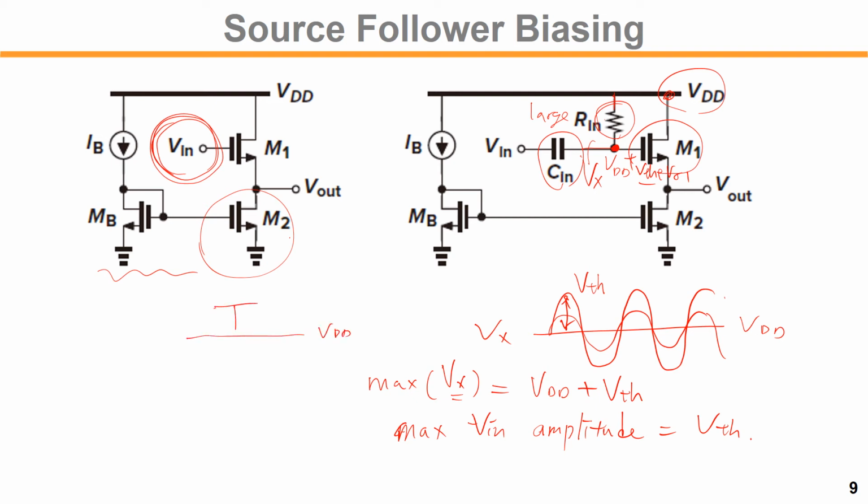So the maximum would be the maximum Vx range. For the Vx range, we found that the max is what? So max is VDD plus VTH.